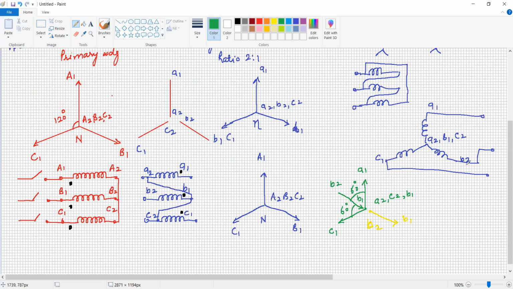Similarly, we will try to connect the transformer in star delta.